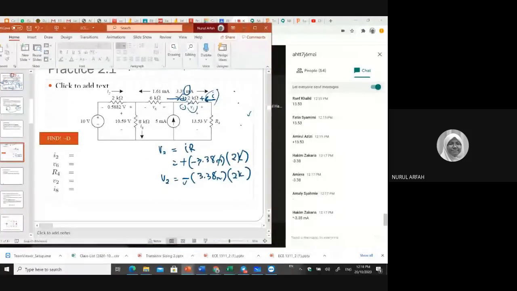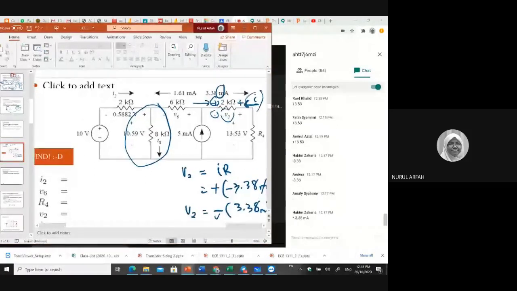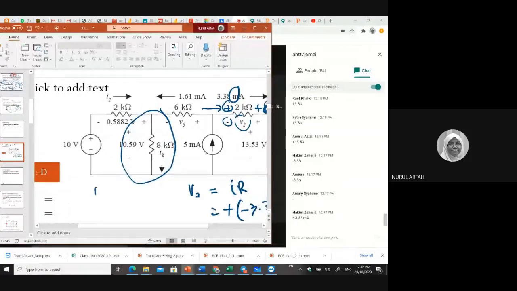Any question? Okay, what about this part? I8. I8 equal to? What is the V? V equal to?